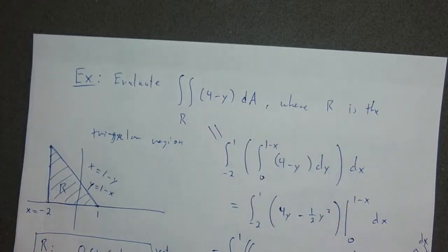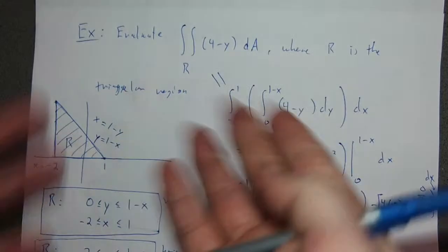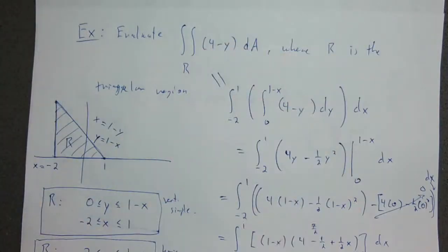Another way I could have framed this, rather than just saying evaluate this double integral, I could have said, consider the function z equals 4 minus y. That describes a plane in space. And you could say, consider the region bounded above by that plane and below by the region R in the xy plane.